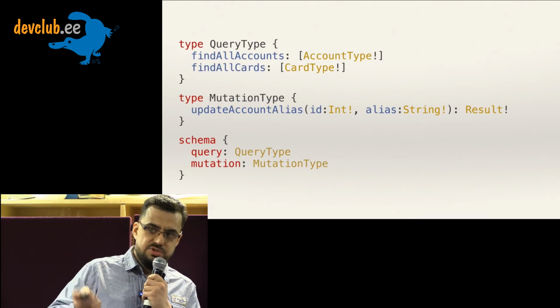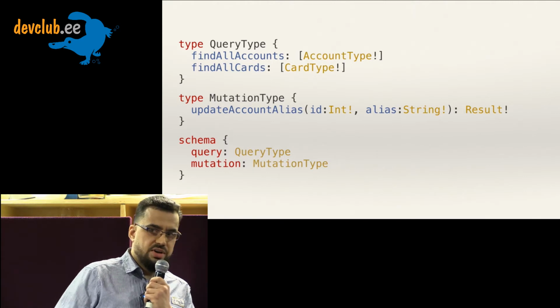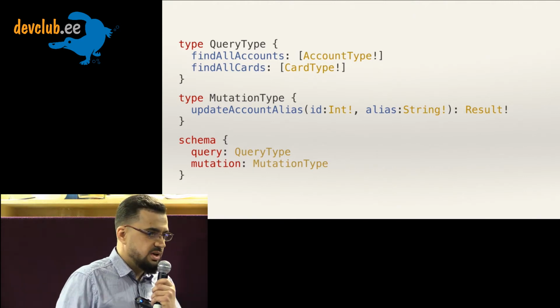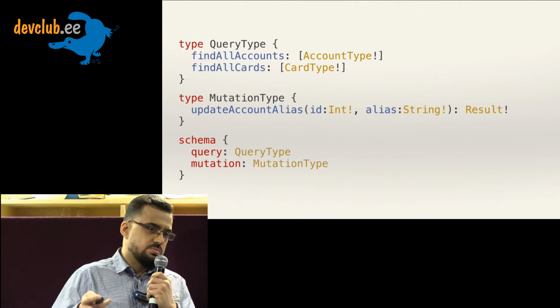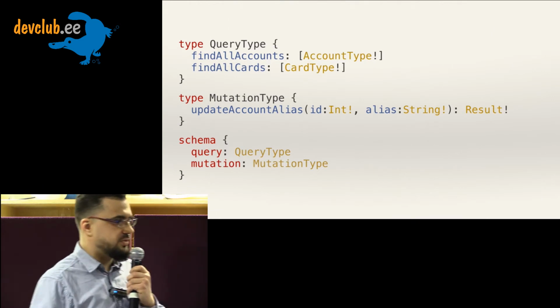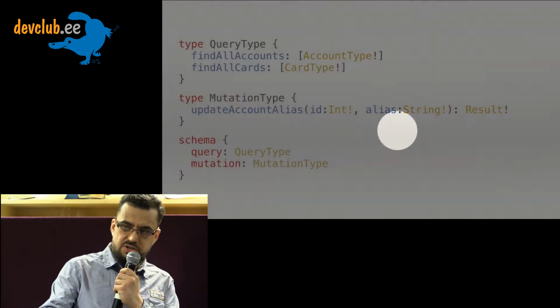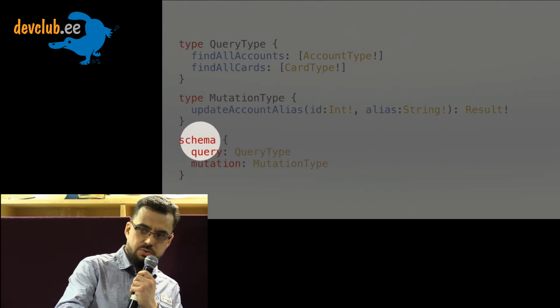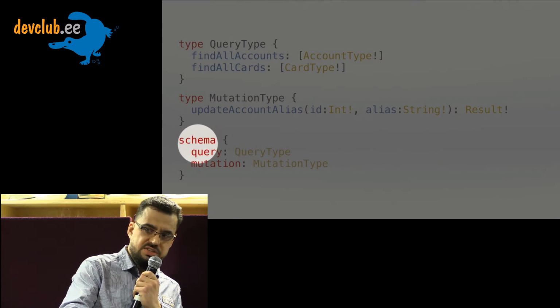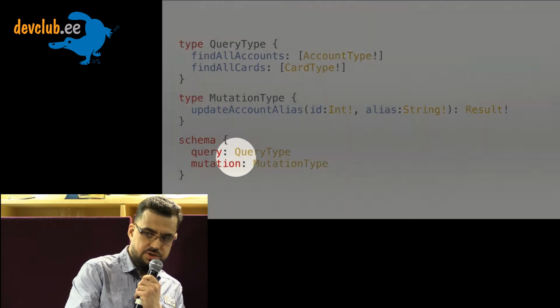When all types are declared, we need to define root query and root mutation types. These types look like any regular custom type in GraphQL. The only difference is that when these types are declared, we need to put them as an entry point into our schema, like a query and mutation.